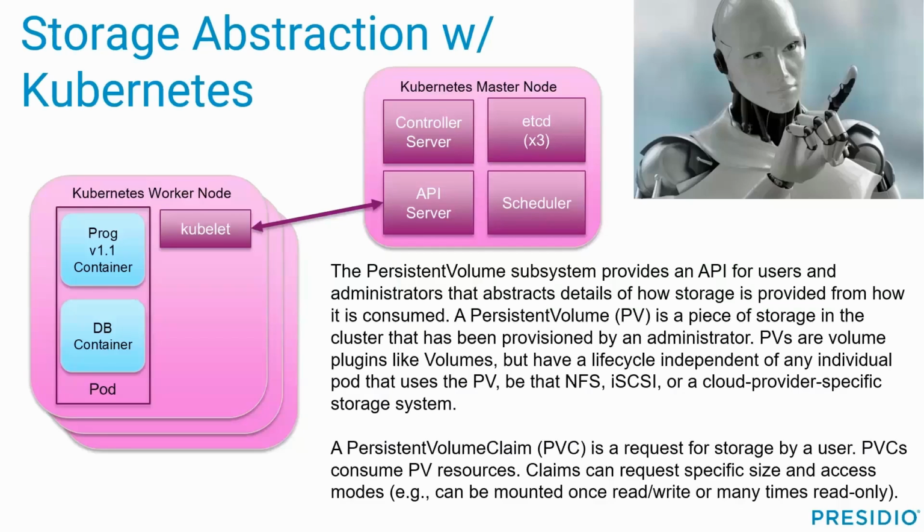So like I said before, the reason this is so powerful is the persistent volume may be out on a storage array. The claim is presented from, say, the program version 1.1, but you may have 3 different versions of that, and they may need to read and write all to the same persistent volume. That's okay.